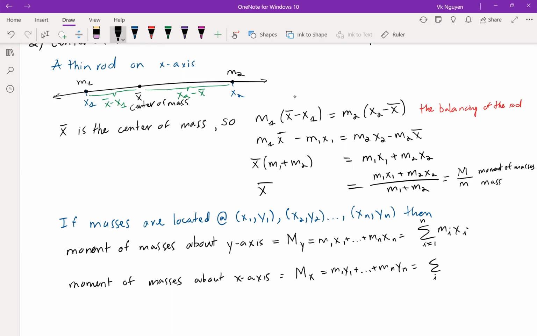So use the summation notation, mi yi. The moment of mass here, you can think of it as a rotational tendency. Some people say moment of mass, some say moment of the system. In the textbook, they call it moment of the system. So that is the same as the rotational tendency.